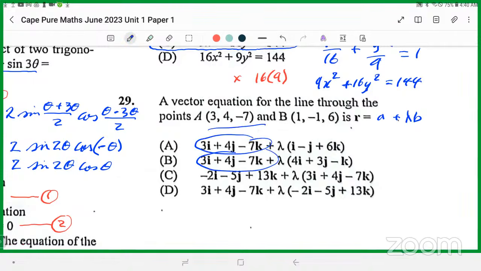So you know that it is one of those three answers. But then the b is the direction. What's the direction? The direction is the AB vector. So the b is the vector AB, which is OB minus OA. So basically this point minus this point.